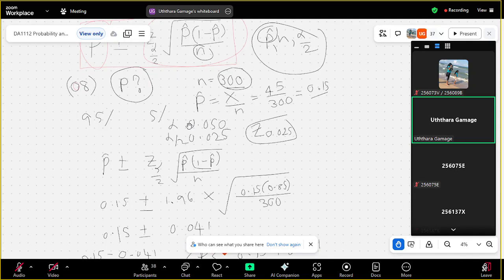The proportion of defective items in that large batch produced by a particular machine that the manufacturer wants to assess, right? So now he can say that the population proportion lies between those two values, right? 0.1096 and 0.1904.